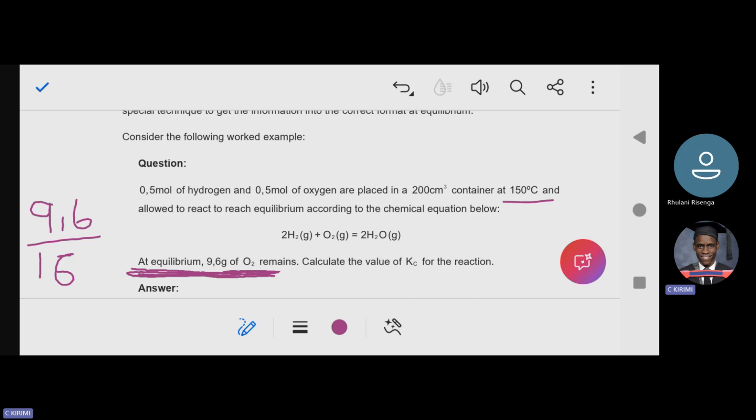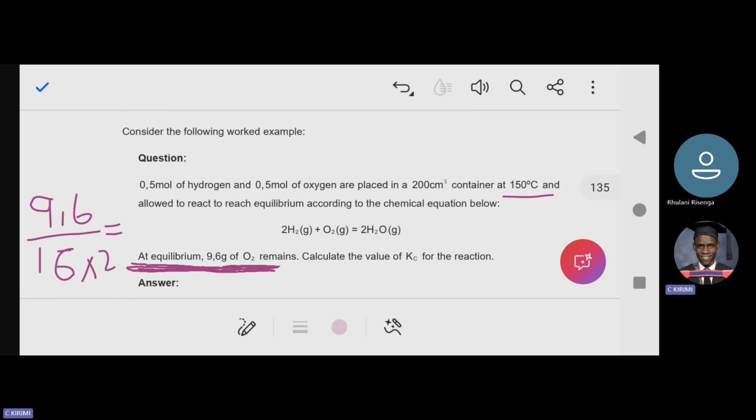So the molar mass of oxygen gas, it means O2. So 16 times 2, which is 9.6 divided by 32. Punch in your calculator, what are you getting? 0.3. Rounded off or exactly? 0.3 exactly.